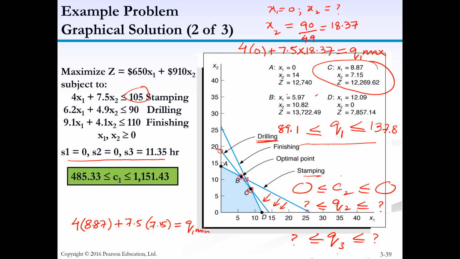Solve it, and you will have the Q2 maximum. For Q2 minimum you have to move the drilling constraint towards the origin, and it will be point A there. So you will work out Q2, and similarly you can work out Q3, etc.